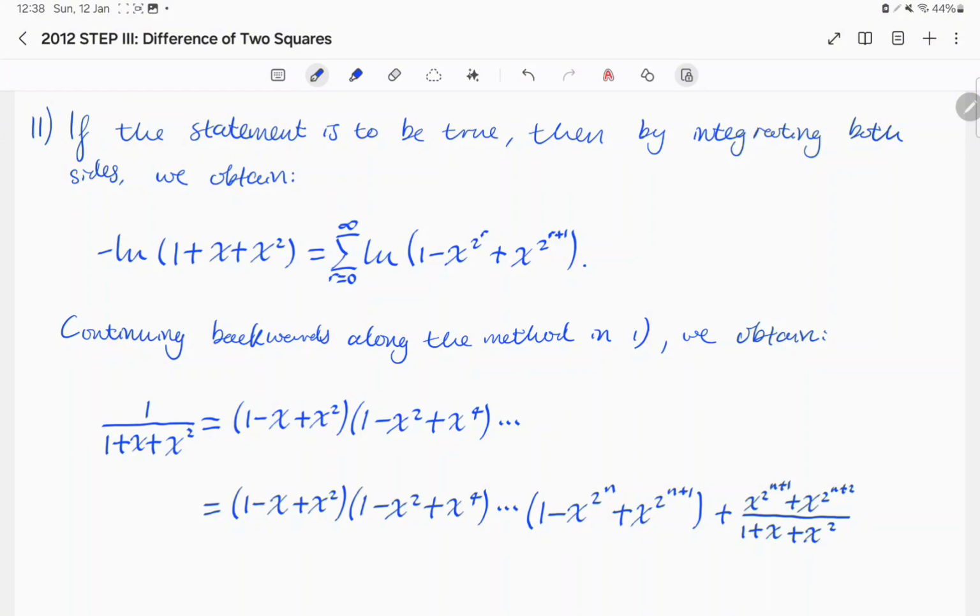And therefore, this equation can be obtained by a similar method to part 1 using this here.